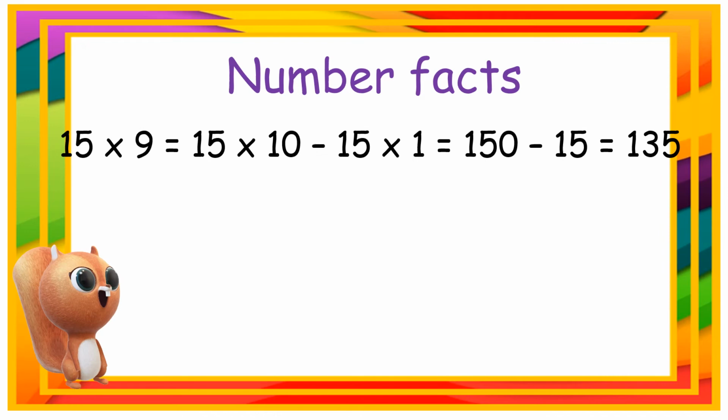Here is an example. Here we have 15 multiply 9 is equal to 15 multiply 10 minus 15 multiply 1. Someone would say, oh, Miss Blessing, how did you get 10? We are multiplying by 9. How come you have 10 and 1 right now?